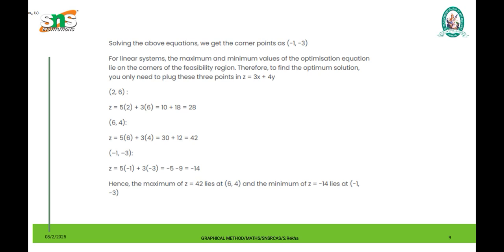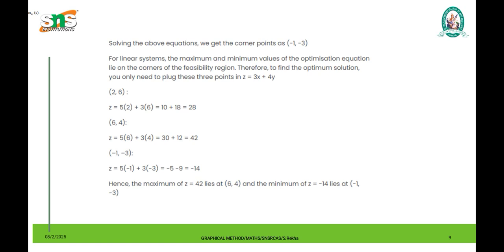If you substitute (2, 6), (6, 4), and (−1, −6) in the given equation z = 3x + 4y, for example 3 into 2 plus 4 into 6, each point gives 30, 34, and −27. The largest value is the maximum, since it is a maximization case.